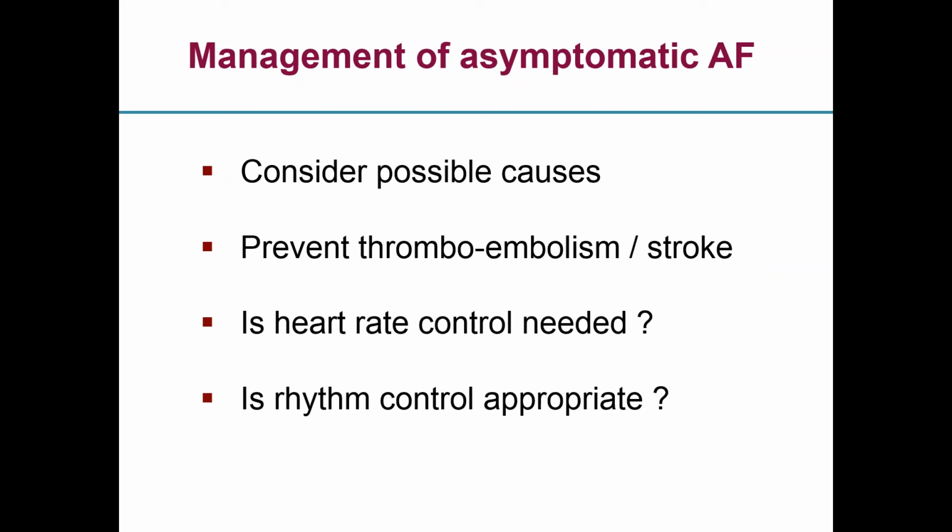And the third thing is the heart rate: do we need to do anything to stop the heart going too fast? What tends to happen with atrial fibrillation is that the ventricular rate tends to be very much faster than usual, and it would be even faster if the person's under exercise or stress. A lot of the symptoms related to atrial fibrillation are due to that fast heart rhythm. So do you need to use a drug that slows the heart rhythm down or not?